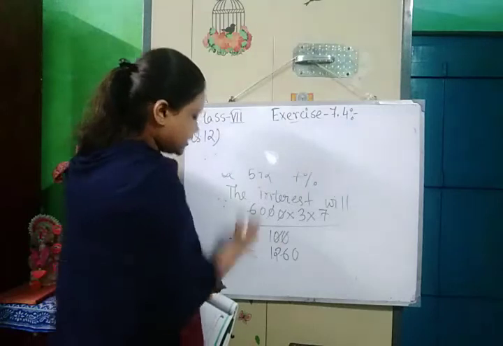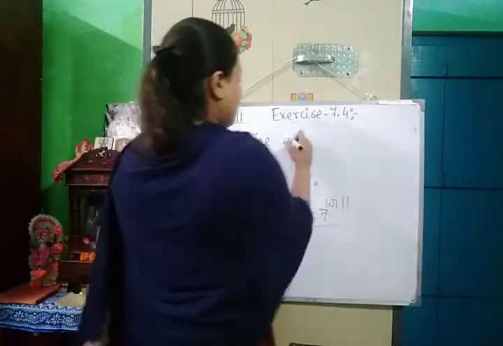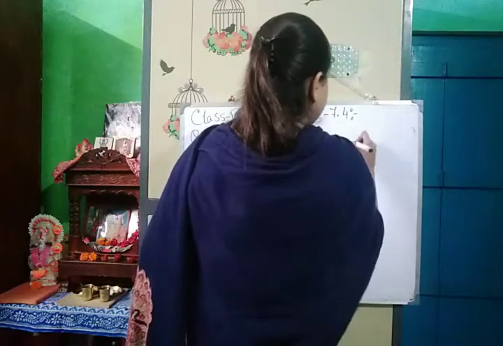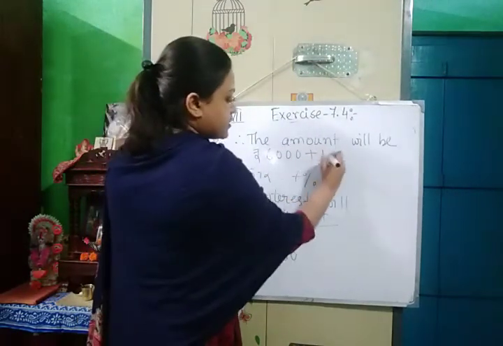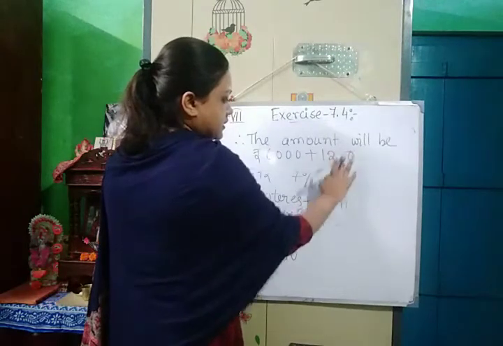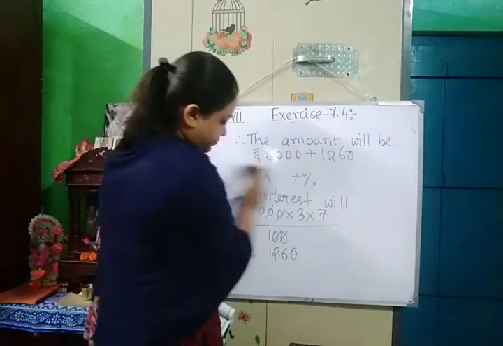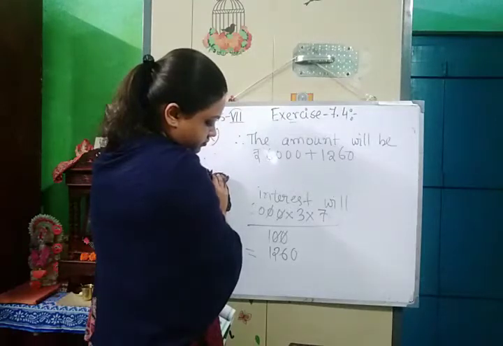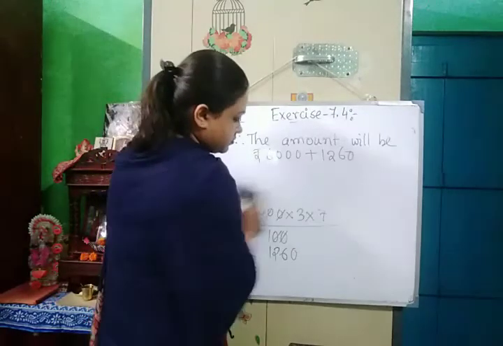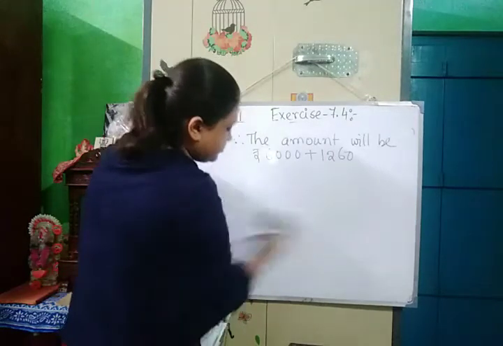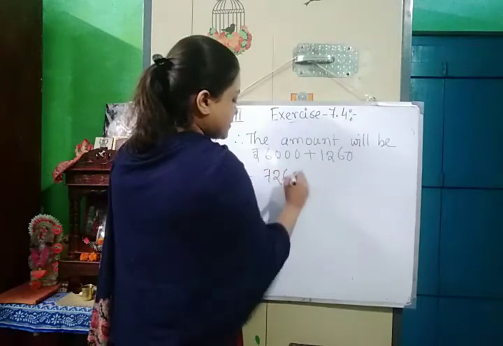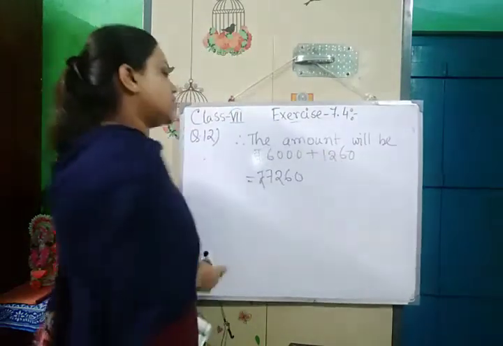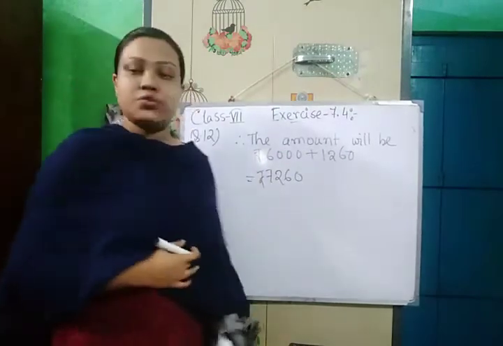That is I. Therefore, the amount will be principal plus interest. Rupees 6,000 was the principal and this is the interest, so 6,000 plus 1,260 is rupees 7,260.